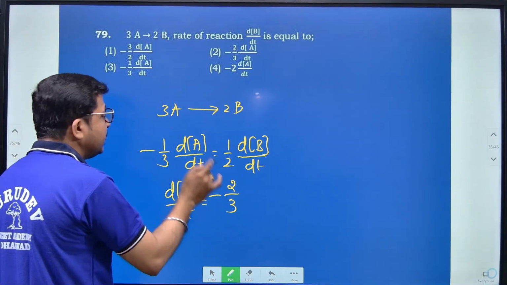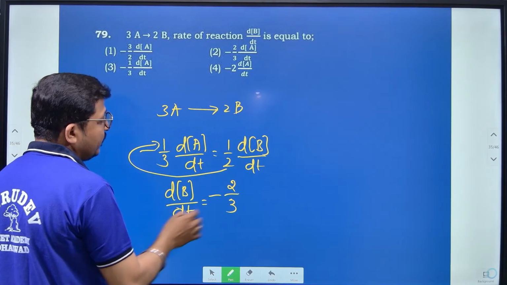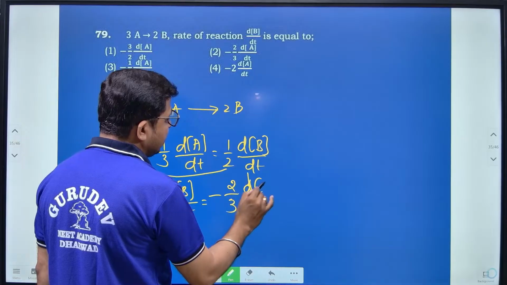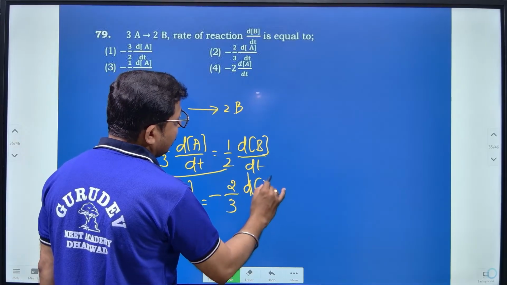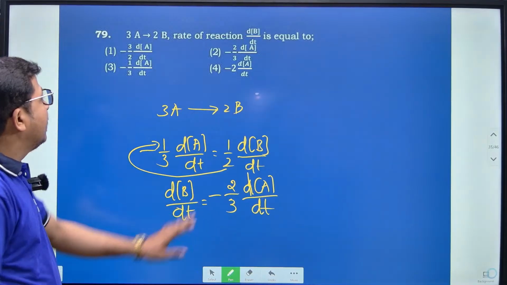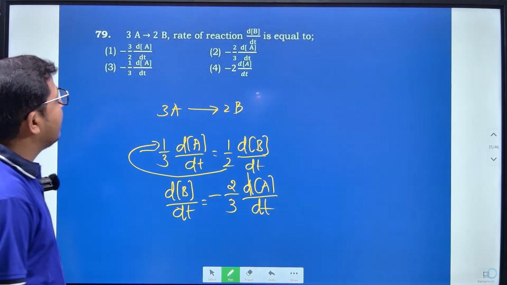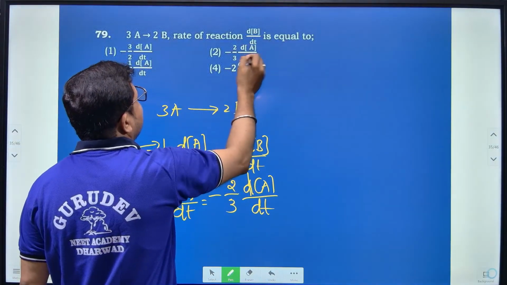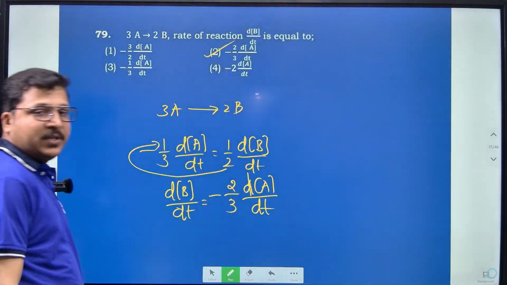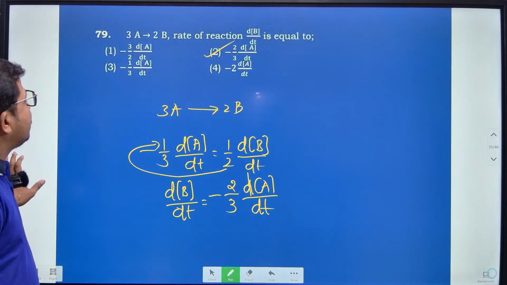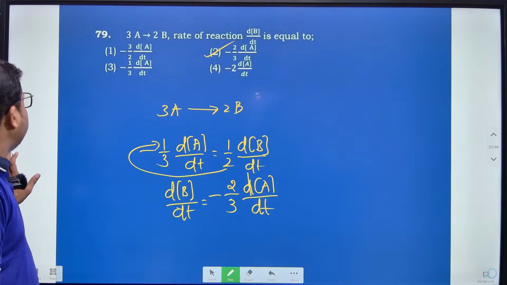I will bring this 2 to here, and 2 by 3 times the change in the concentration of A with respect to time. So this is the right option. Which option have they given? That is option number 2, minus 2 by 3 dA by dt. That is the right answer for this one. Hence option 2 is the right answer for question number 79.